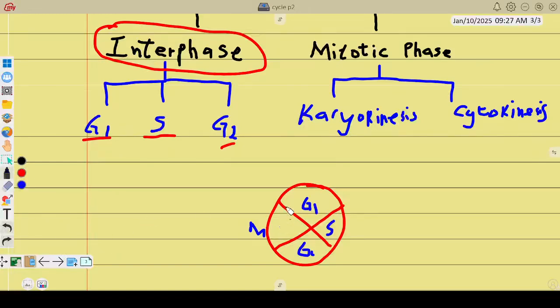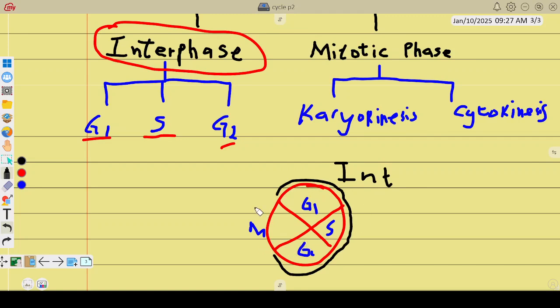Previously we discussed, from G1, the checkpoint, the DNA replication phase, and then the gap 2 phase, the second gap phase. This is what we called interphase. From G1 up to G2, that's interphase.